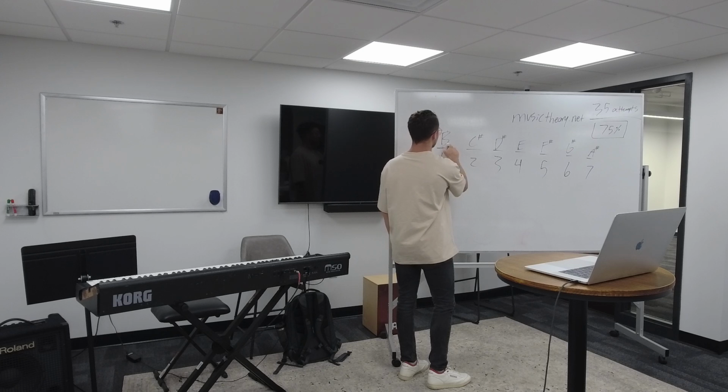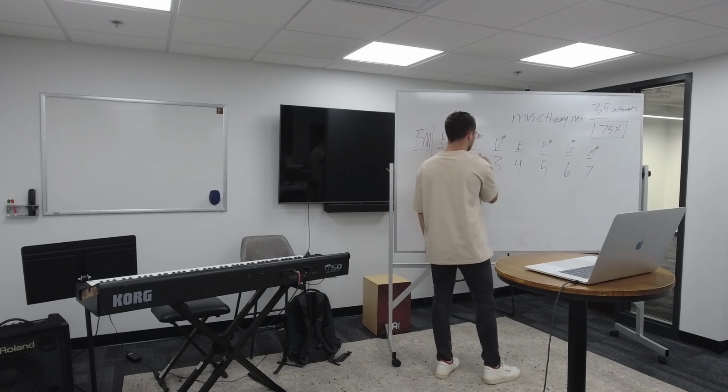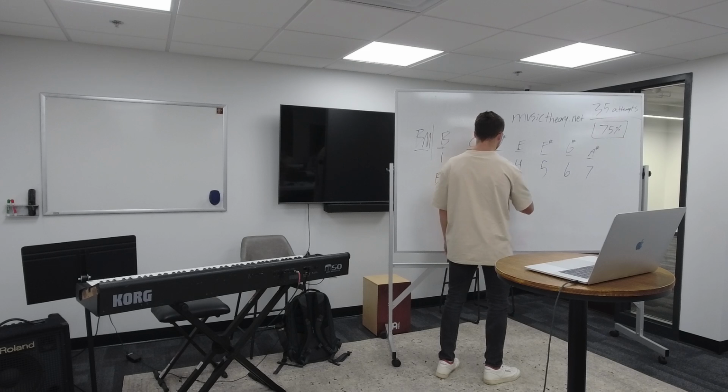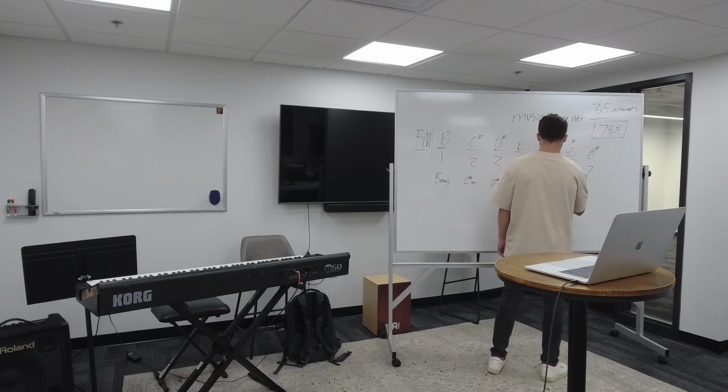The first chord of the key of B major is B major. The second chord of the key of B major is C sharp minor. The third chord of B major is D sharp minor. The fourth chord is E major. Fifth chord is F sharp major.